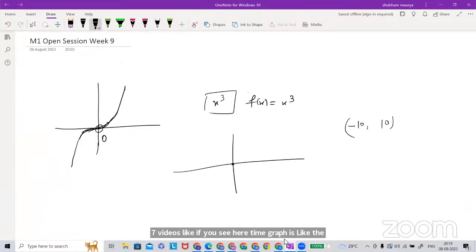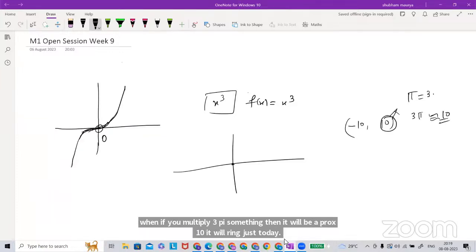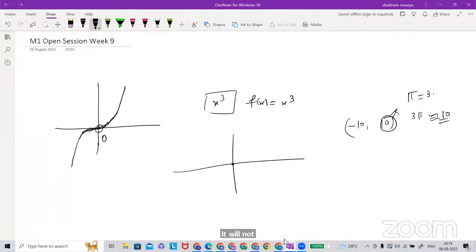What will this be in radian form? The value of pi is 3.1 something, right? If you multiply 3 pi, it will be approximately 10, reaching 10 something but not exactly.